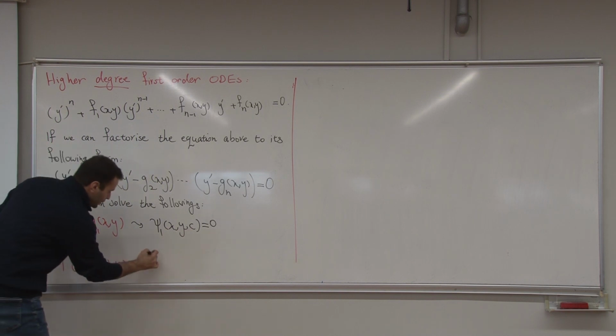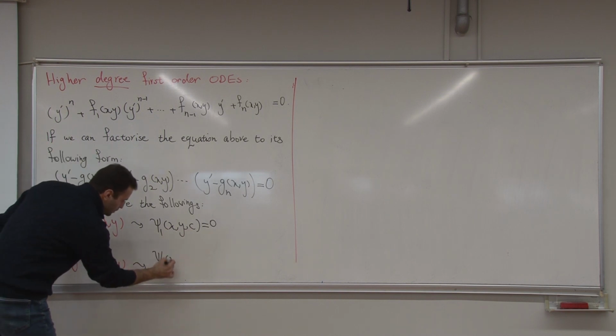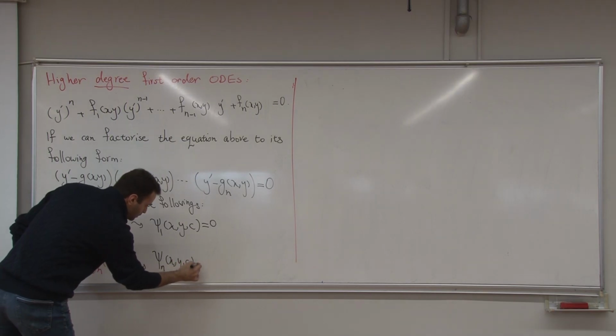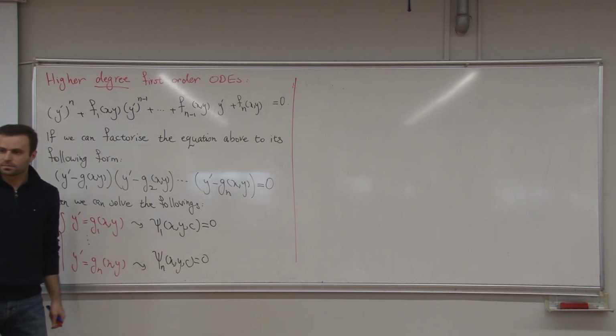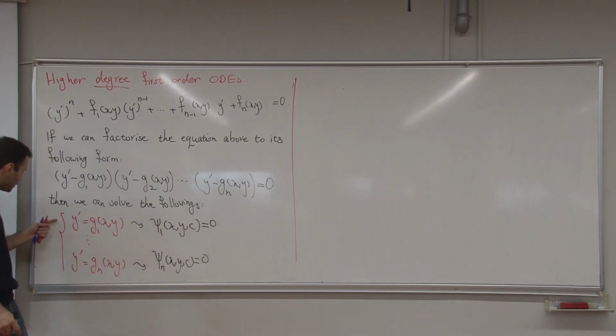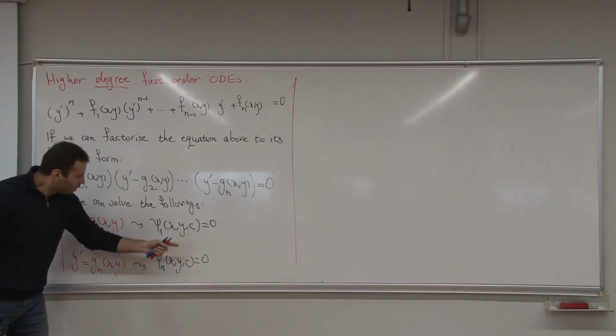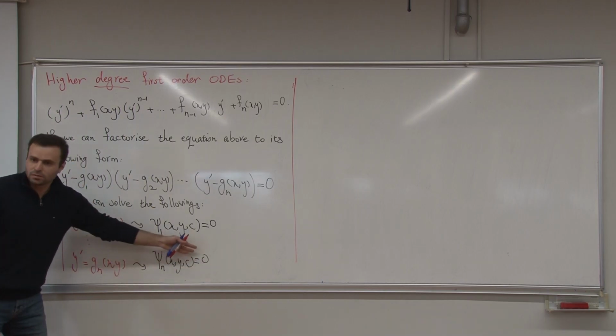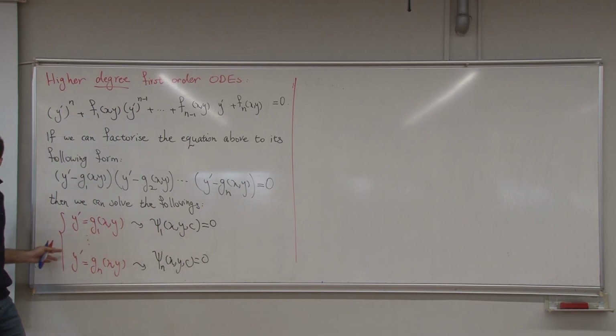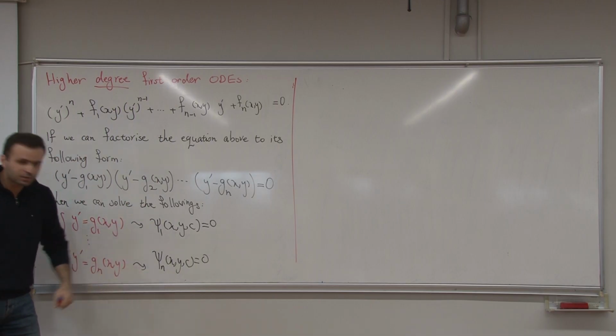Do this for all of them. So psi1 of x, y, c equal to 0 is the solution of the first equation, psi i of x, y, c is the solution for the i-th equation, and so on.